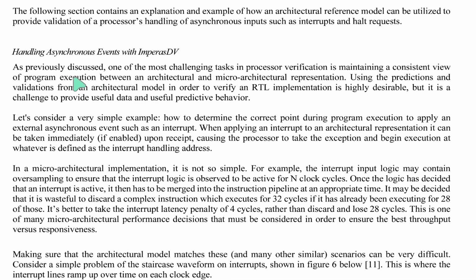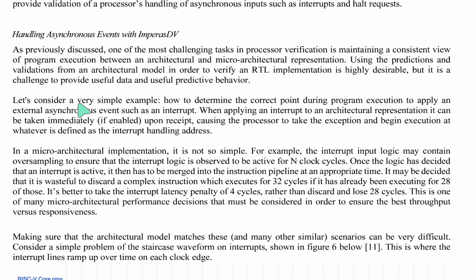As previously discussed, one of the most challenging tasks in processor verification is maintaining a consistent view of the program execution between architectural and microarchitectural representation. Using this prediction and validation from the architectural model in order to verify an RTL implementation is highly desirable, but it is challenging to provide useful data and useful predictive behavior.